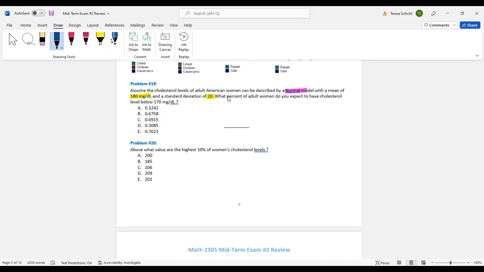Like we say, when we do this type of problem, we always graph. Here's my mean, 180. I want the cholesterol below 170. That means I'm looking for this area below.